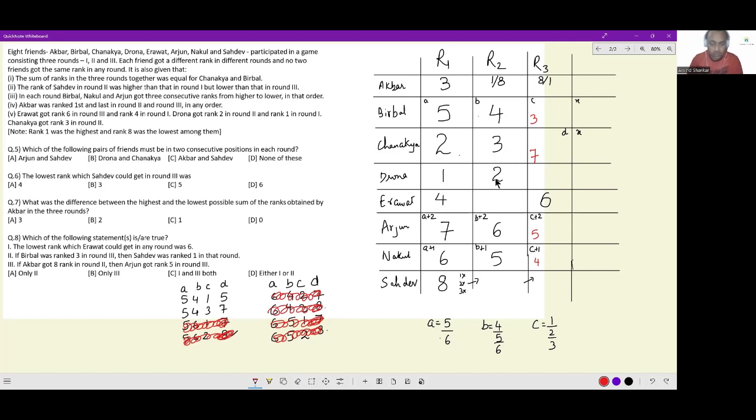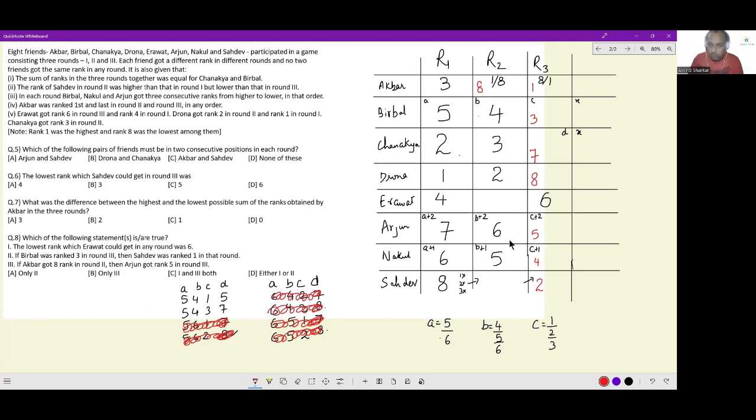He already has a rank 1 and a rank 2, so he cannot get 1 or 2. He has to get 8 here. If he gets 8 here, Akbar will get 1 here. Apart from rank 2, everything is distributed: 3, 4, 5, 6, 7, 8. Only 2 is left. 2 is allocated here.